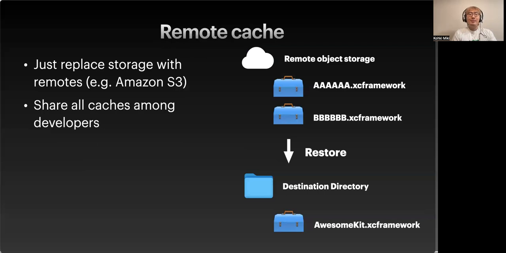The further development of this strategy is the remote cache. It uses remote object storage like Amazon S3 instead of the local file system. This allows a workflow in which all developers can use the frameworks generated by CI.